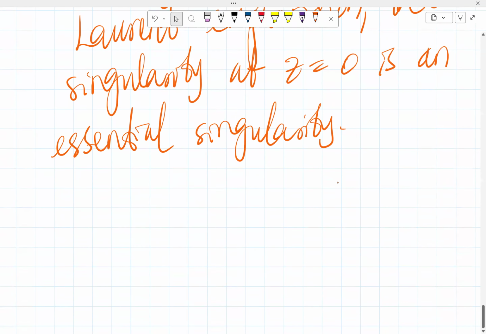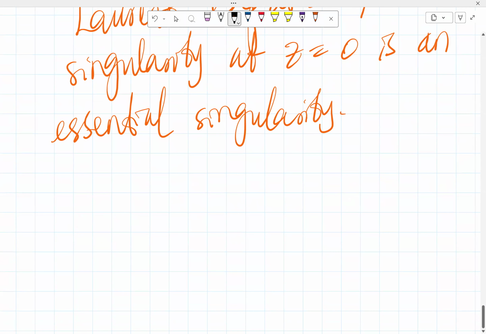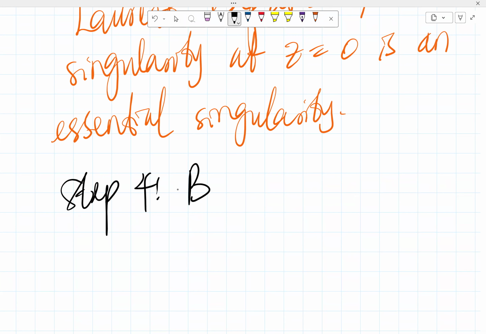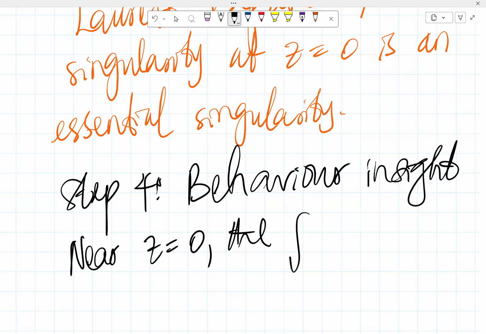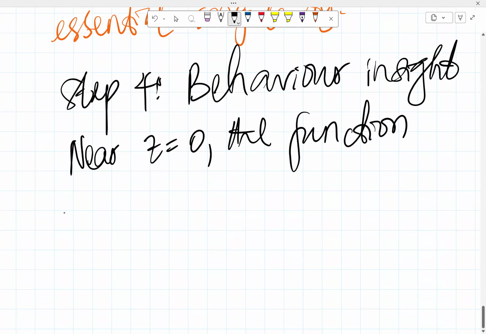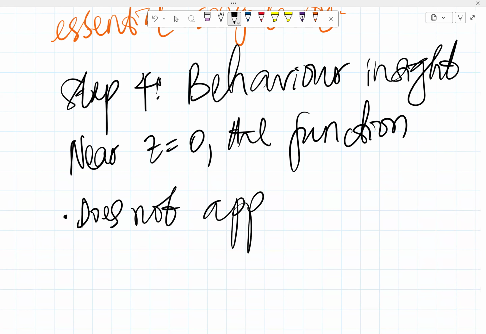And that goes. So we go for step four, where we can have some behavior insight. Near z equals 0, the function does not approach a limit.